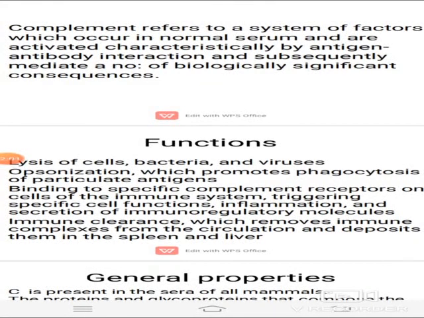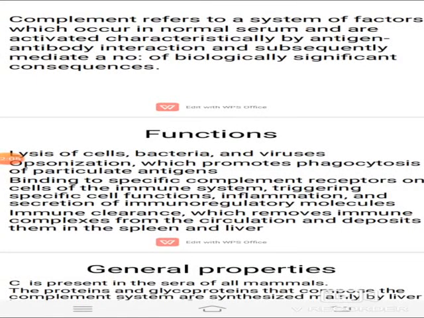Innate immunity works with 4 kinds of barriers: anatomic, phagocytic, physiological and inflammatory. One of them is the phagocytic barrier, which clears the invaders by engulfing them. So lysis of cells, bacteria and viruses, opsonization and phagocytosis all come under the function of this complement system.